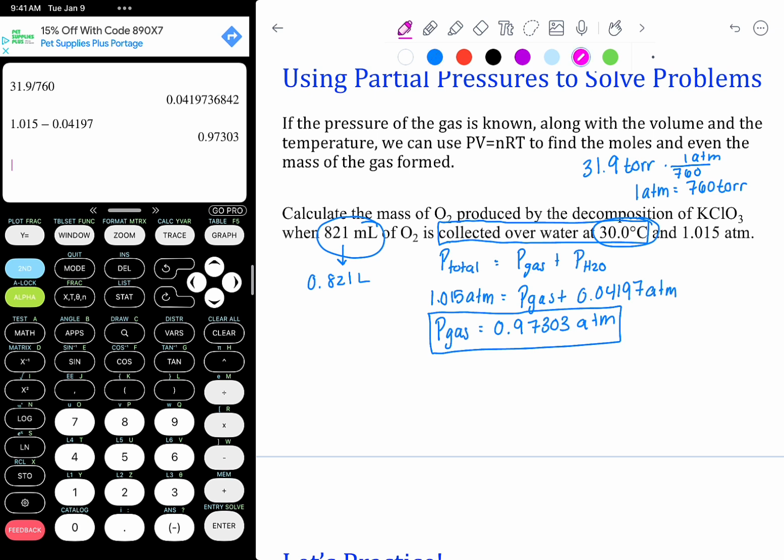But we get P of 0.97303 times the volume, 0.821 liters, is equal to n, which we're solving for, times R, 0.08206, times the temperature, 30 plus 273.15.